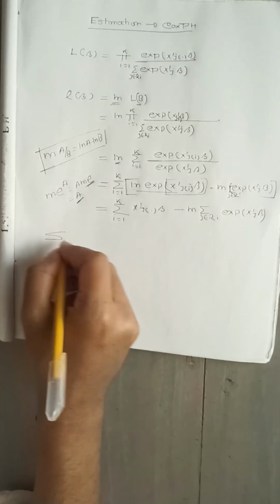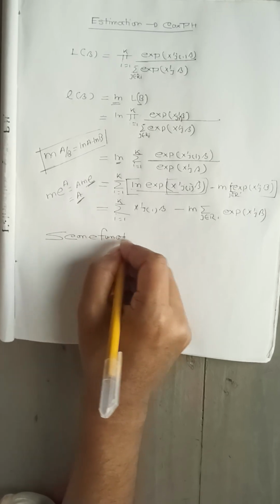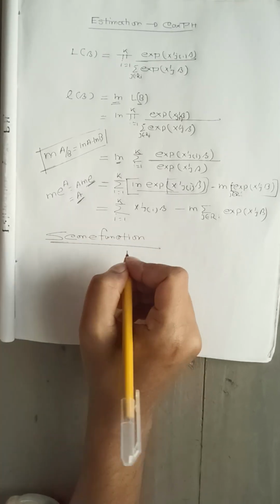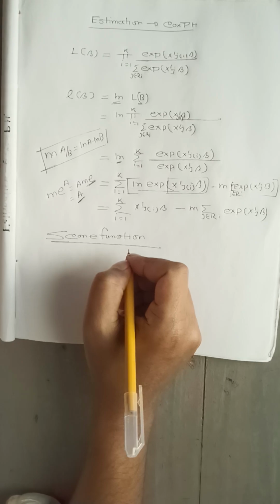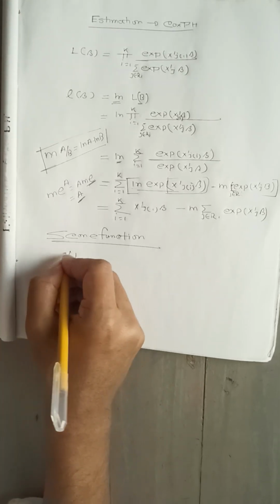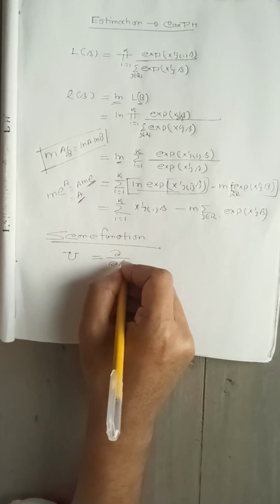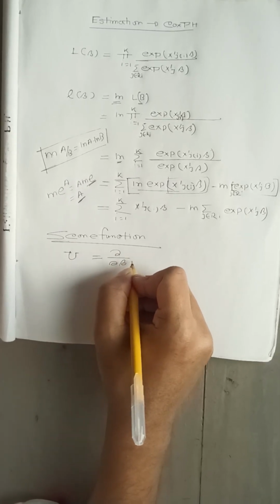Now I have to take the score function. You have to remember, when estimating parameters in statistics, you will face the score function a lot of the time. It is nothing but denoting U equal to the first derivative of this ln L(β) with respect to the parameter of interest.